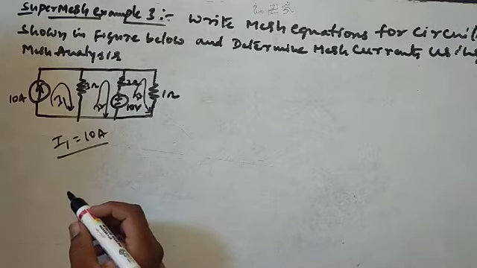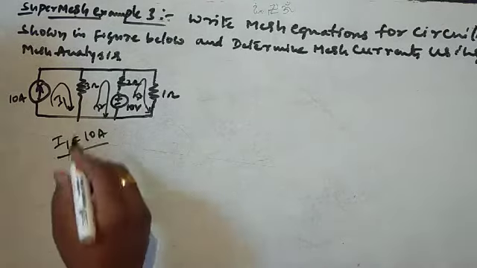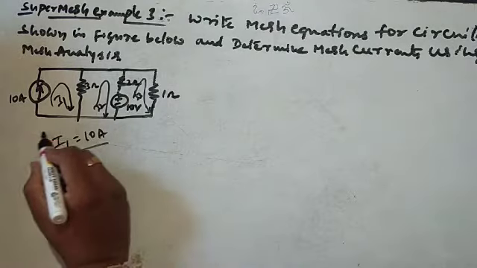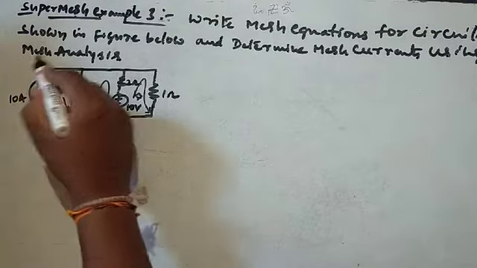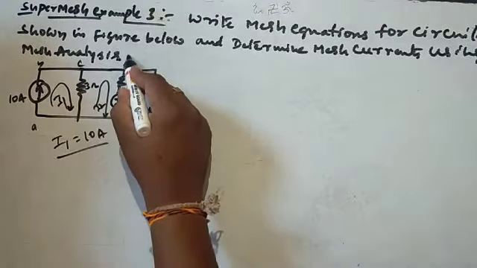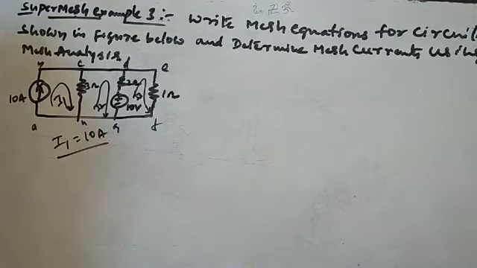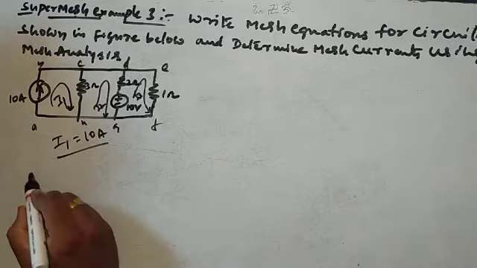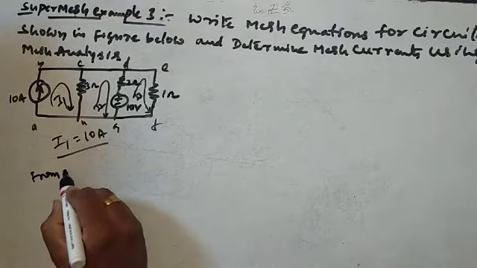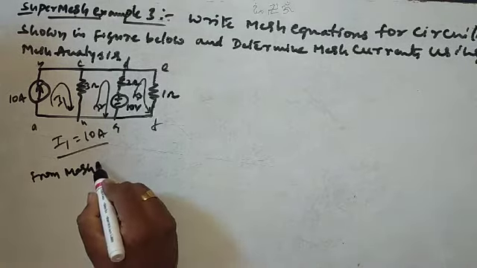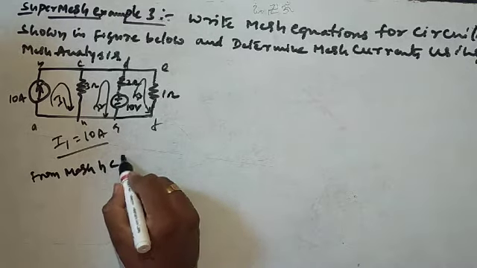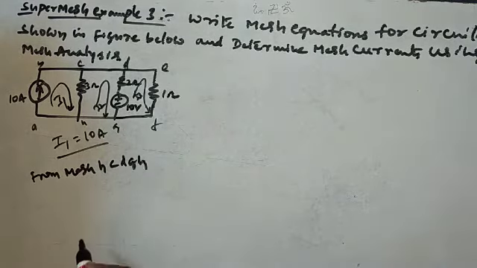So this can be written as this, taking down A, B, C, D, E, F, G, H. From mesh H, C, D, G, H. See, this 3 ohm belongs to both mesh 1 and mesh 2.